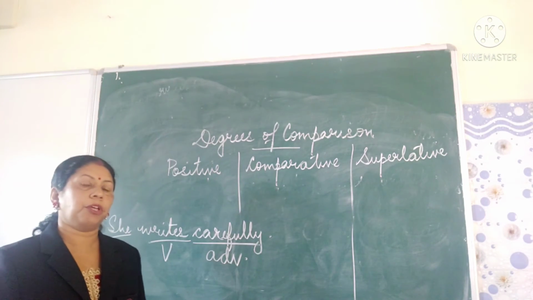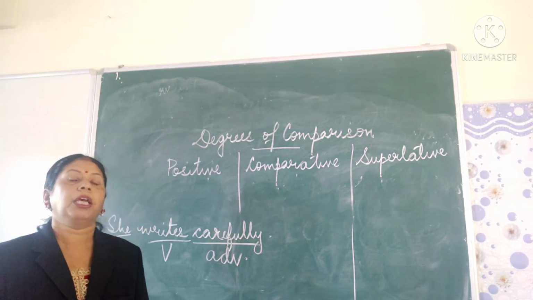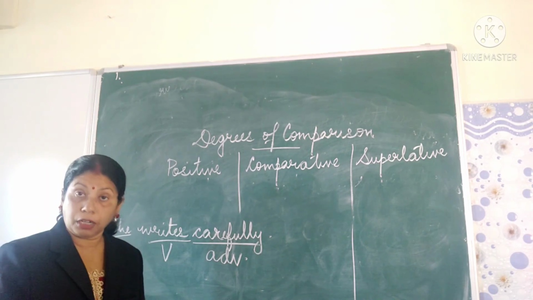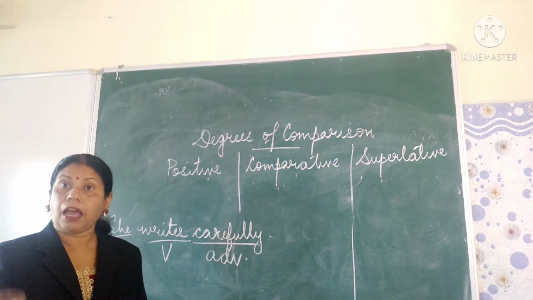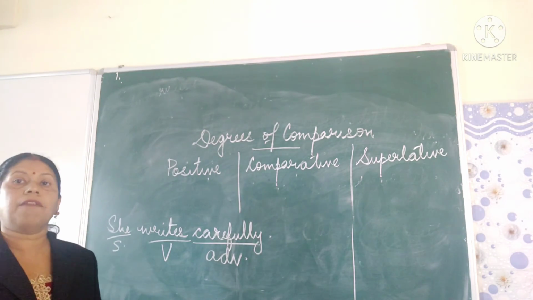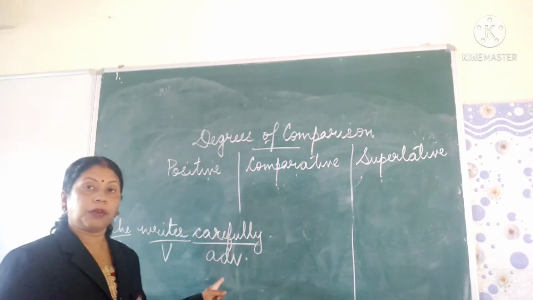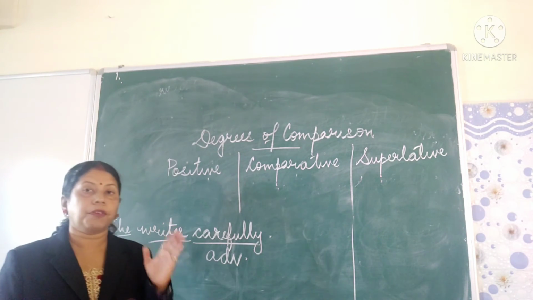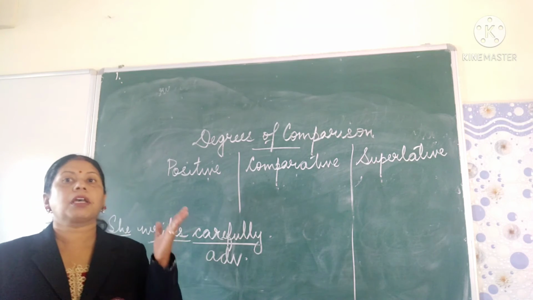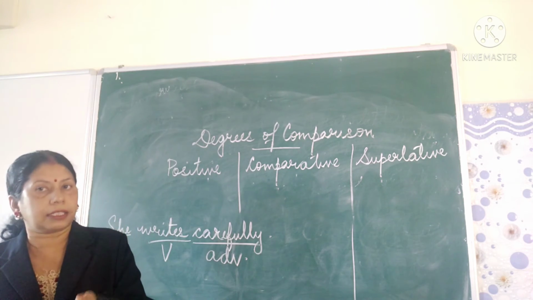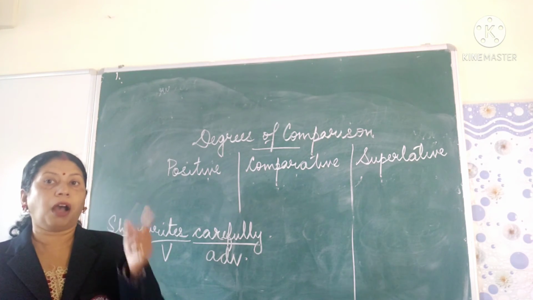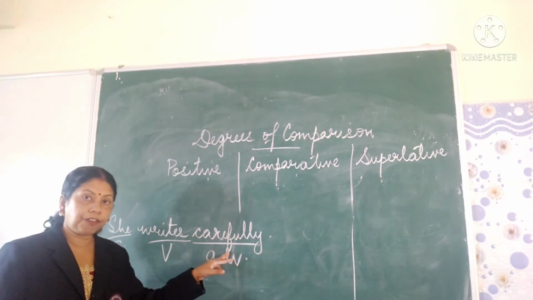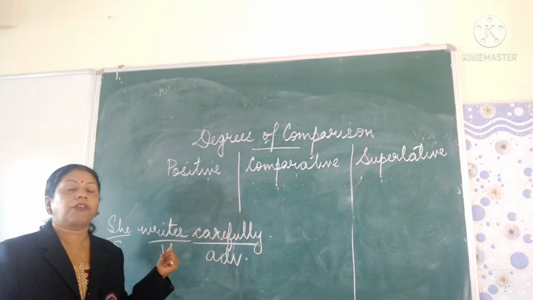Carefully is your adverb. What is the definition of an adverb? The words which describe a verb, an adjective and an adverb itself are known as adverbs. We studied this when we were doing adverbs. Here carefully is describing writes.